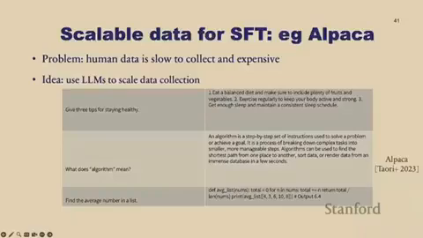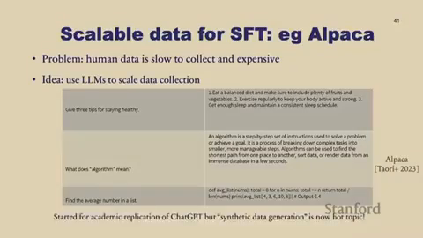The data is actually pretty good, given that it was generated by LLMs from essentially two generations ago. That started, at least for us, as an academic replication of ChatGPT. Now there's a big field of synthetic data generation, of how to use LLMs to make the development of LLMs faster, by decreasing the amount of human hours that you need.